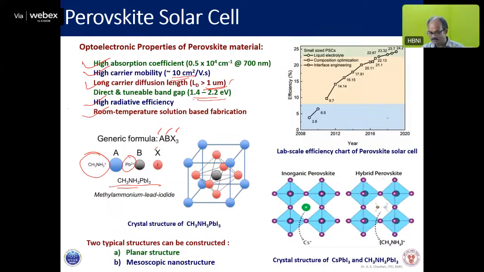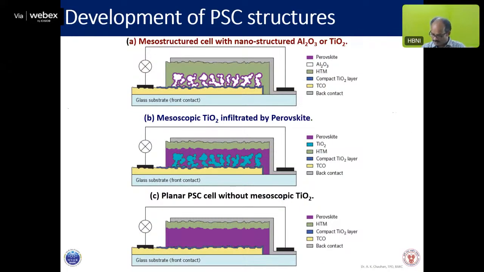Other things will not remain exactly the same, but you can correlate. The perovskite will absorb, and then from the perovskite the electron will transport. There are three different PSC structures. You have glass, then FTO, a transparent conducting oxide, then a compact TiO2 layer.